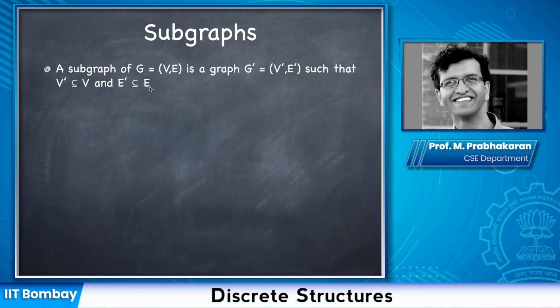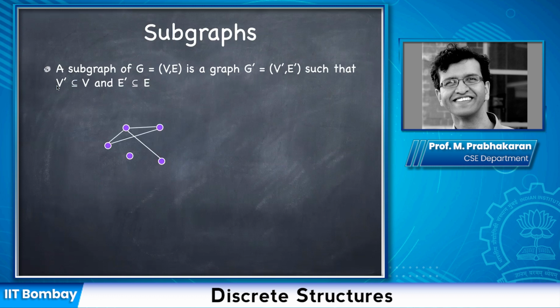So that's all that a subgraph is, where the vertex set and the edge set are subsets of the original graph you are given. And of course, E prime should still be a valid edge set for the vertex set V prime. It cannot have edges between vertices which are not present in V prime.